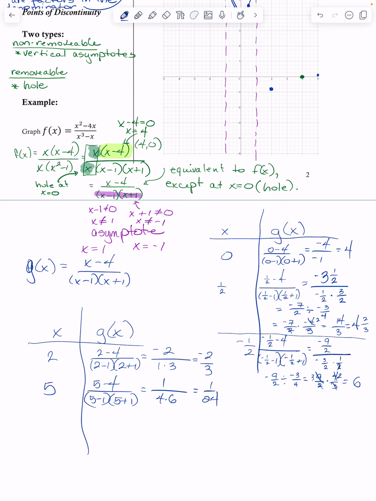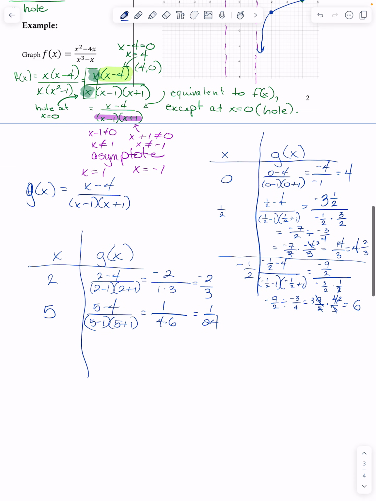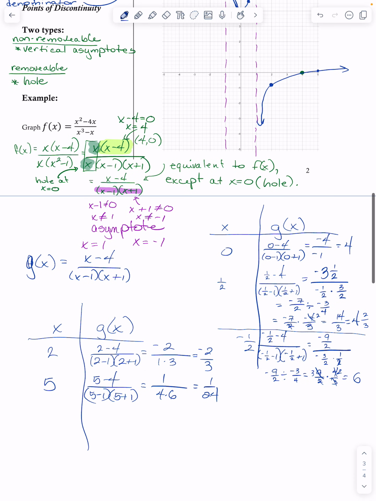Now, here's the thing. I know it's going to approach this vertical asymptote. It's not going to cross. And then I know I've got to hit these 2 points over here. Now let's see what it looks like to the left of that asymptote at negative 1.